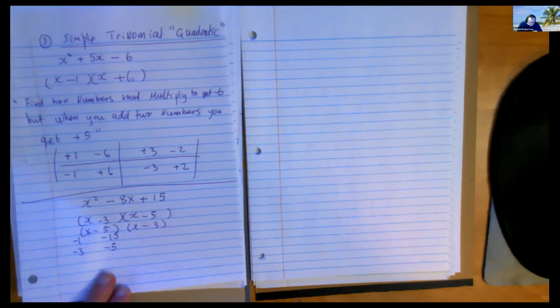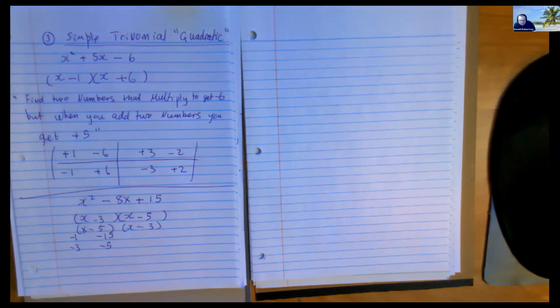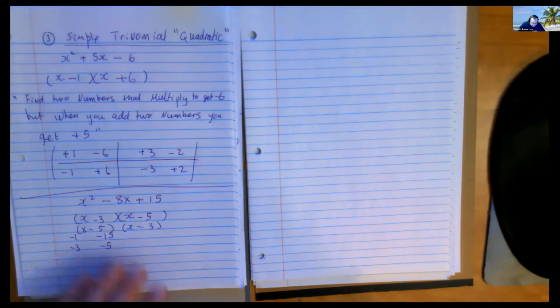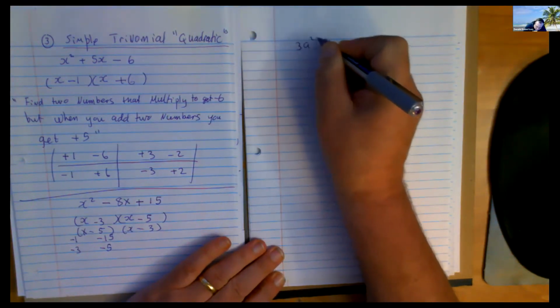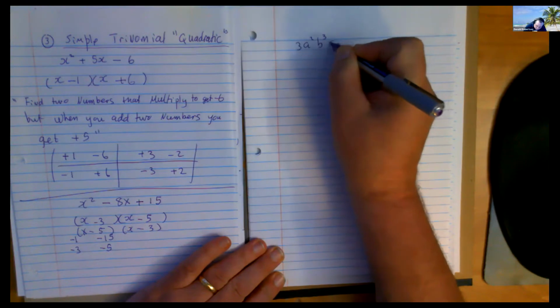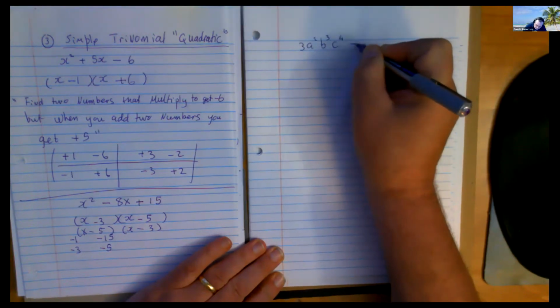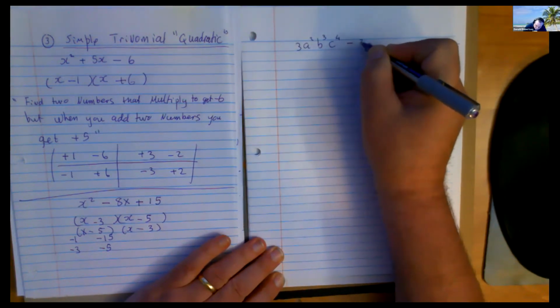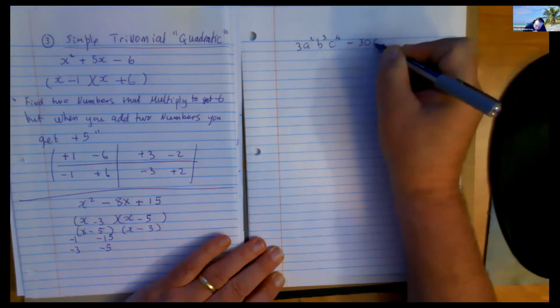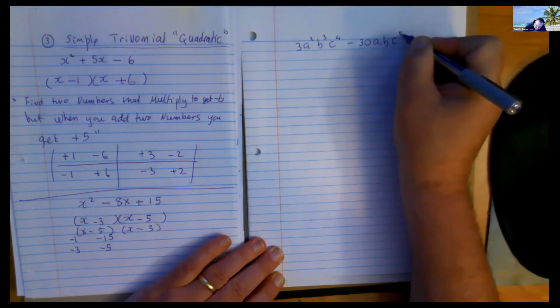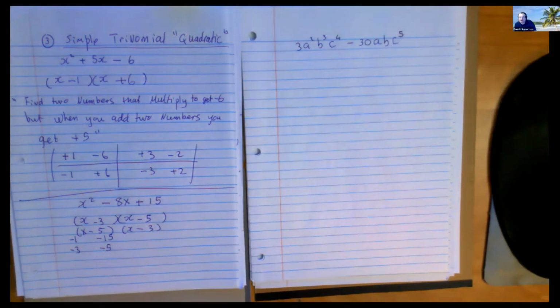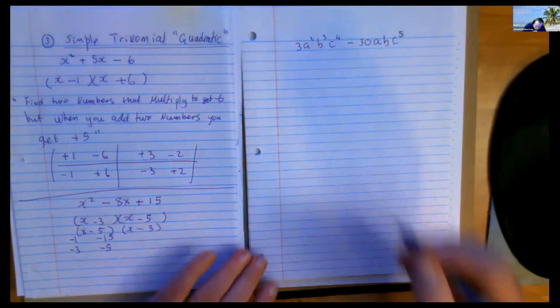So I'm going to pause a little minute and give you a couple of examples just to try out, just to convince yourself that things are fine. I want you to factor that one.